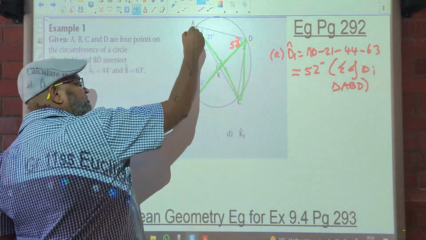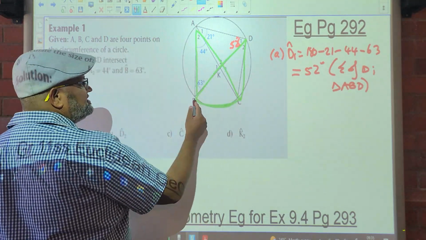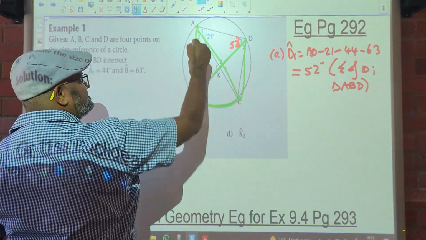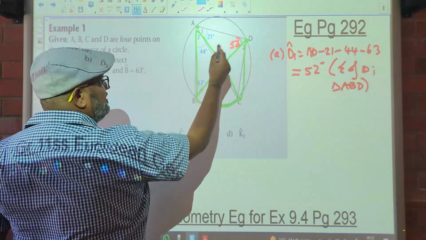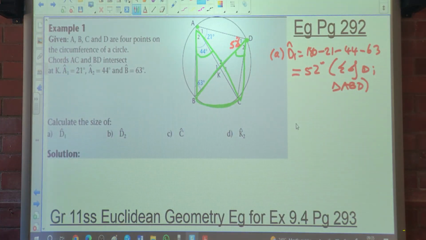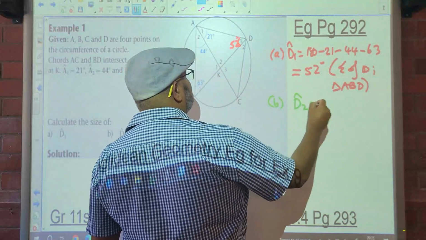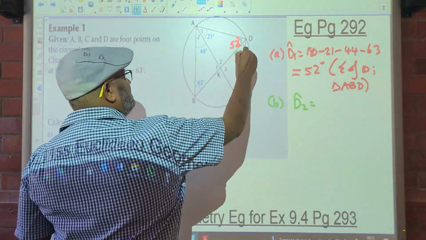And that is the theorem we just proved now. If we have an arc or chord subtending an angle at the circumference on the same side, those angles are equal. So angle D2 is equal to 44 degrees.